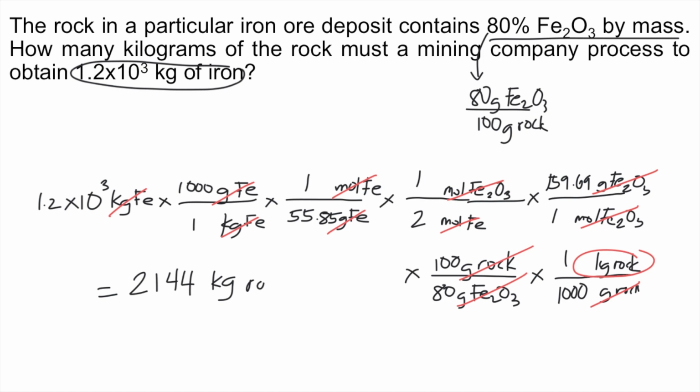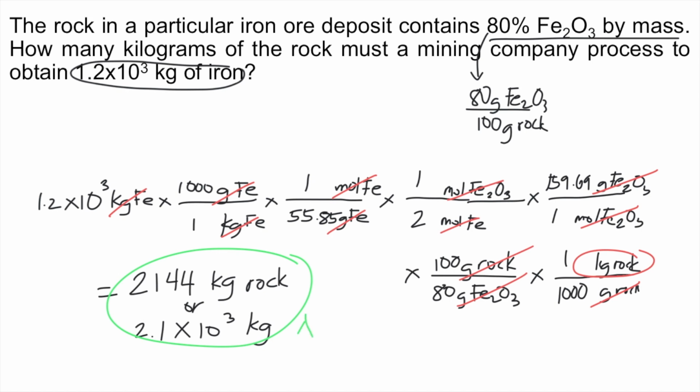Or if you want your answer to be in proper significant figures, you can express this in 2 significant figures. You can write your answer as 2.1 times 10 to the 3 kilograms of the rock. And this is the answer to the question.